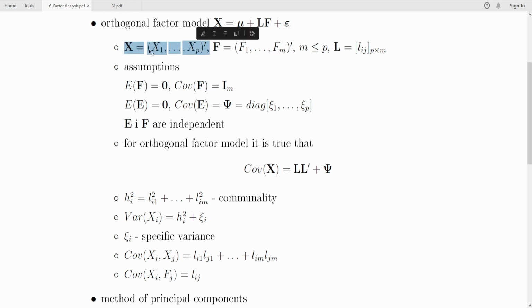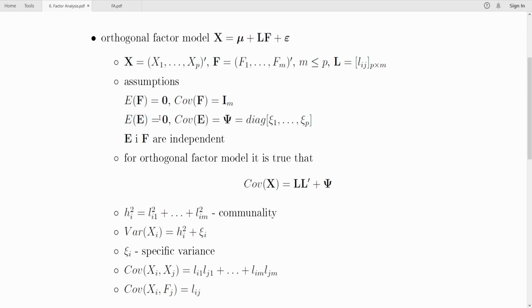Say that we have that random vector x, and f that is unobservable, and usually m is strictly smaller than p. It has no effect if it's p. And this is our matrix of factor loadings, that's how we call it. Our assumption is that the expected value of f and of e is 0.